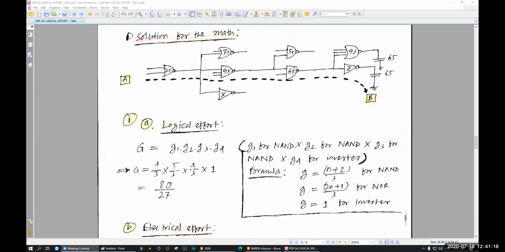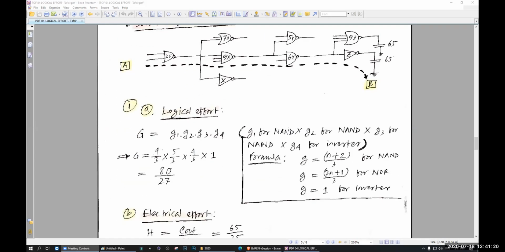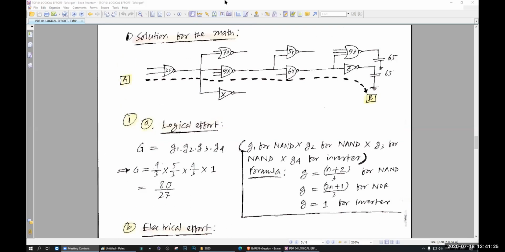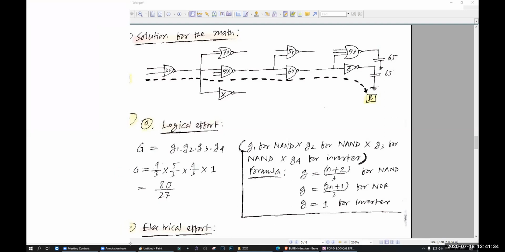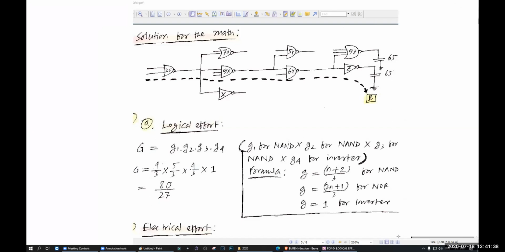Here is the math. Here they told you to find out everything actually. So let's jump into it. At first, what I have to find out? I have to find out the B. B is what?